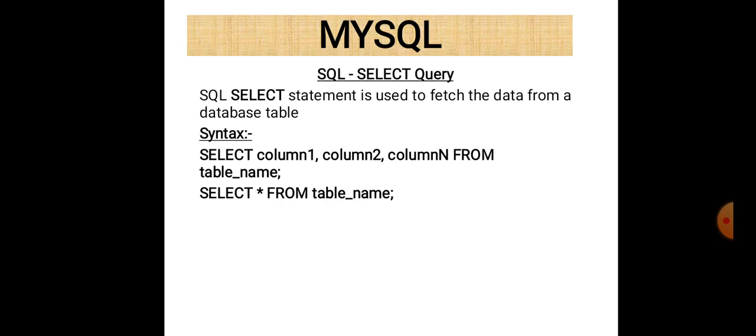Using the select statement, you are able to show the data in your SQL. First of all, just write select, after that the column name of any table which you want to show on your screen, then the from keyword, and then the table name.